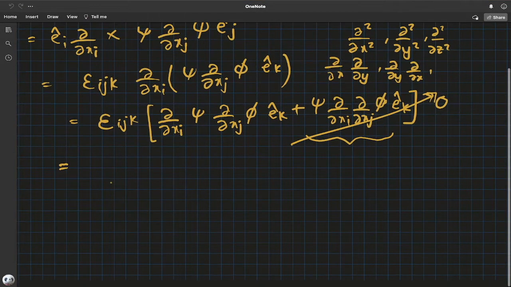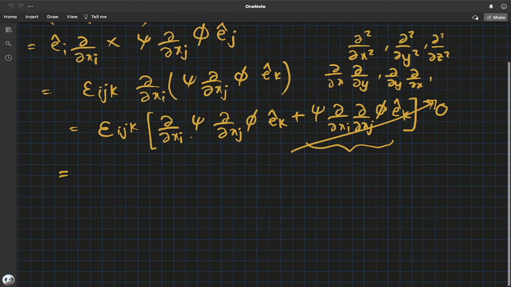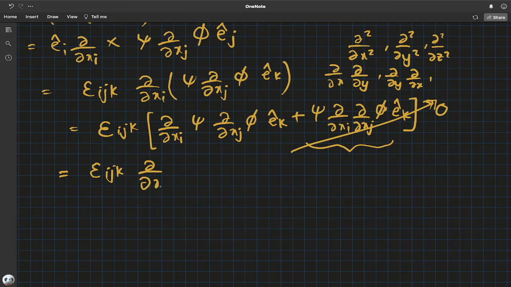So with that, we're just left with this guy here, which is, let's see what it is. Epsilon ijk partial xi psi partial xj phi ek.